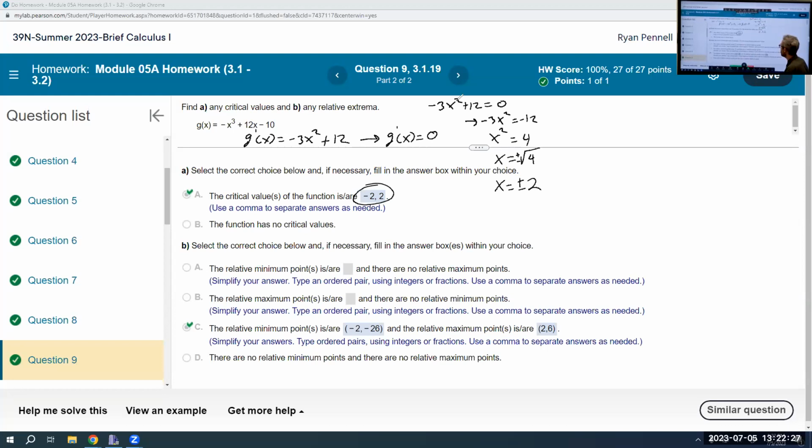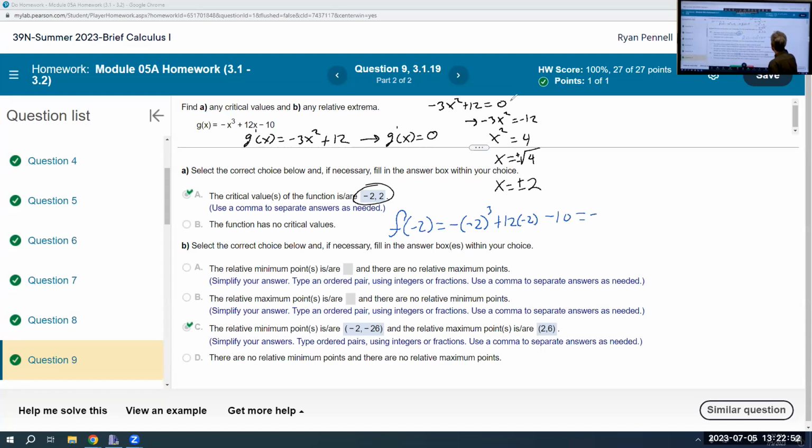Now, where does this actually happen? Oh, I'm sorry, that's where it happened. Once you plug that in, what are the values? So if you plug in negative 2, you get negative 2 cubed, negative, plus 12 times negative 2, minus 10.